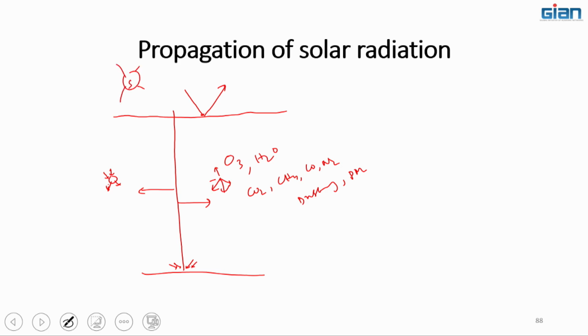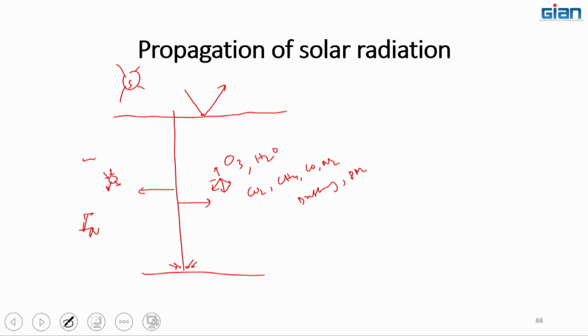This is the sun. Solar radiations are coming, it's electromagnetic radiation, right? It's a short wave radiation. As soon as it comes to the Earth's surface, what happens? Some radiations are reflected back, irradiated to the space. Some go in, some go straightaway to the Earth's surface. These are called normal radiation, or I represent it as I_N, the normal radiation or direct radiation.